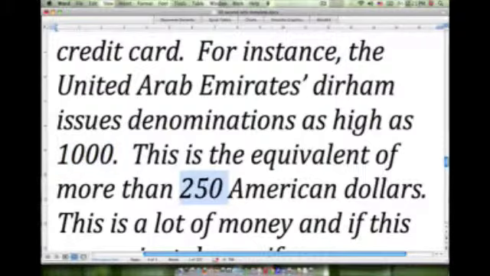If you decide to use digits in one part of your writing, it's okay as long as you use them in the remaining parts of your writing. So for example, if I write 1,000 as a number here, I have to write 250 as a number here, not in words.